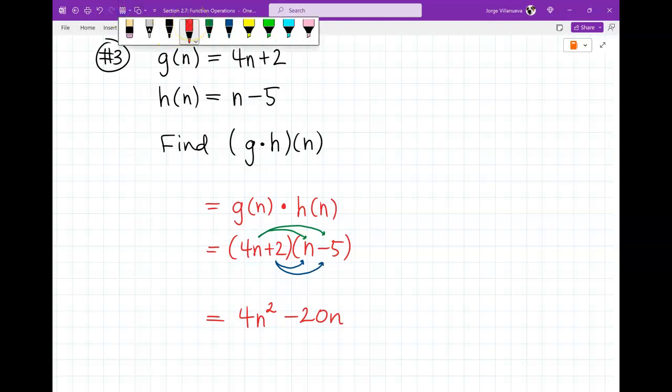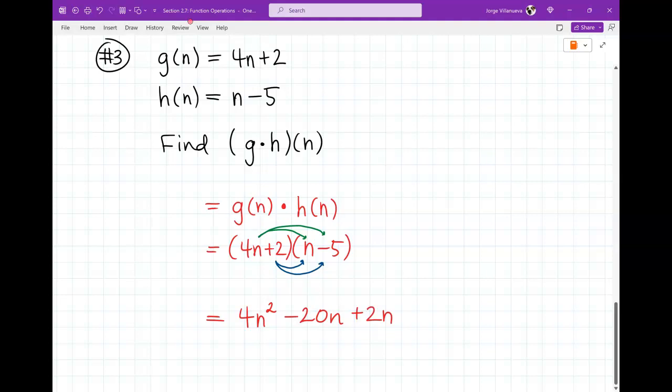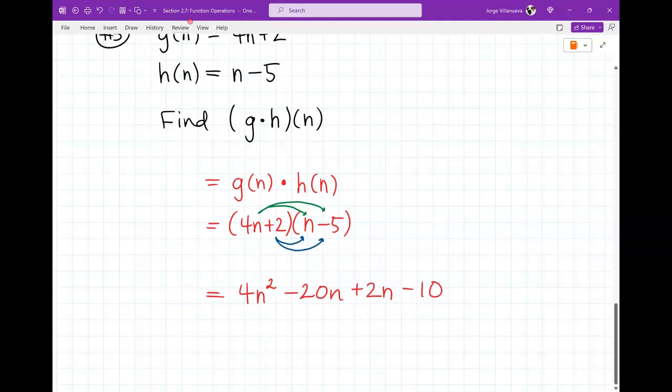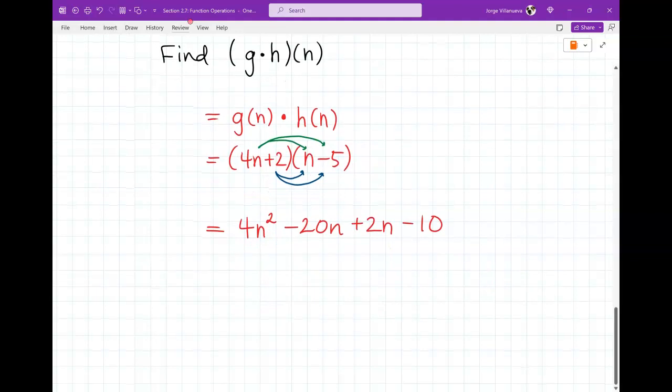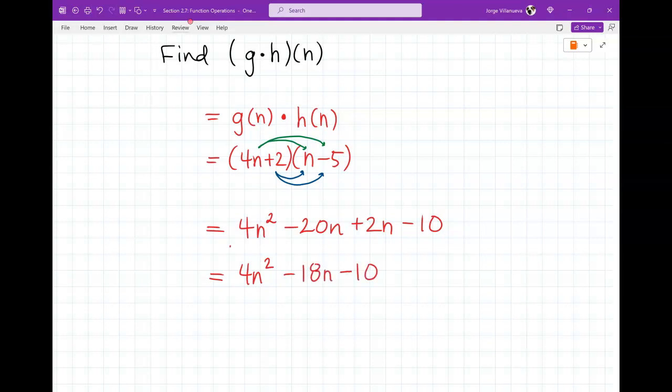So 2 times n, that's a positive 2n. 2 times negative 5, that's a negative 10. Now just combine your terms in the middle because those are like terms. Negative 20n plus 2n. That's going to give me a negative 18n minus 10, and you're done.